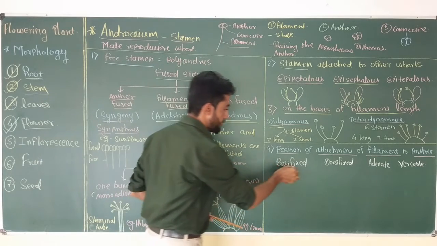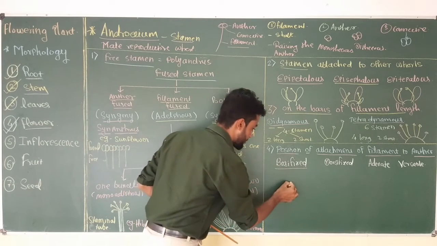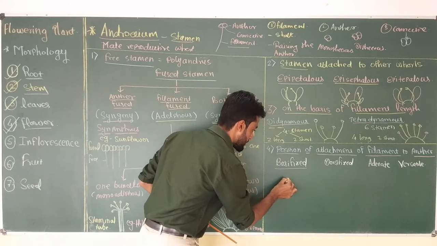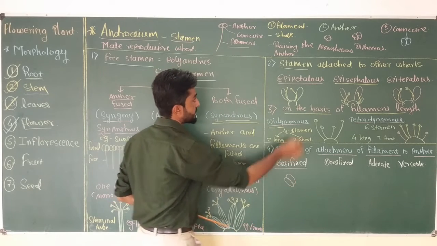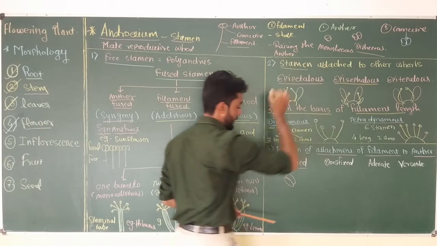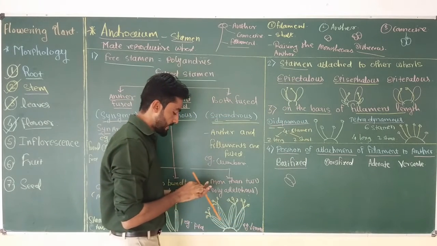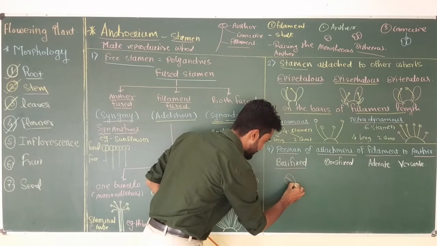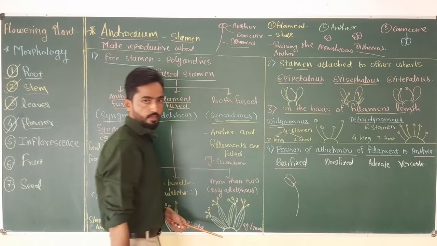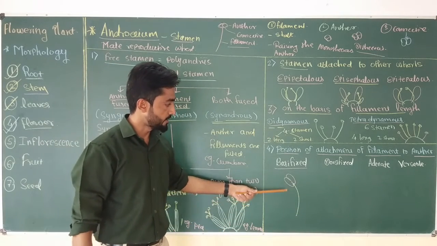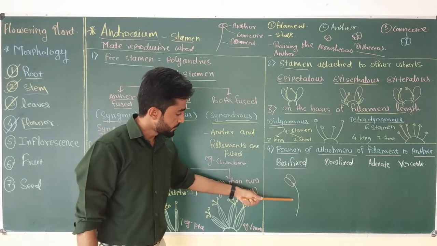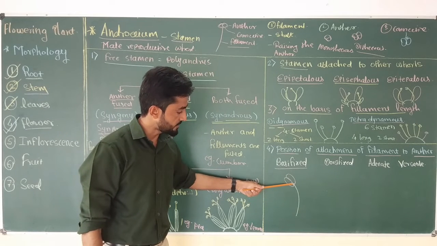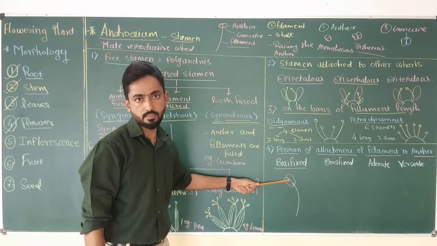First is basifixed. Suppose this is a dithecous anther, and to the dithecous anther, the filament is attached to the base, and such a type of stamen is called basifixed, because the filament is attached to the basal site or to the base of the anther.